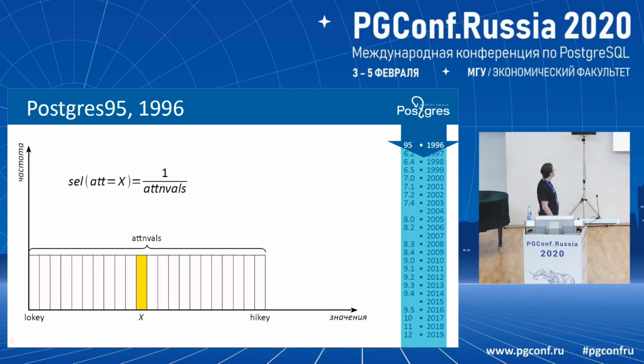How can we use the statistics? For example, if we need to evaluate the selectivity of one simple condition, then we take 1, we divide it by the number of unique values, and we get a ratio of 1 value. If we have a predicate as an inequality, when the attribute is less than a certain constant, then we can use a proportion and just calculate the ratio accordingly.